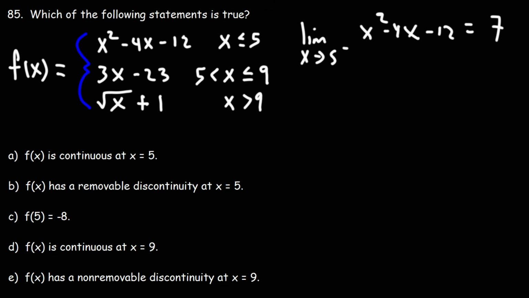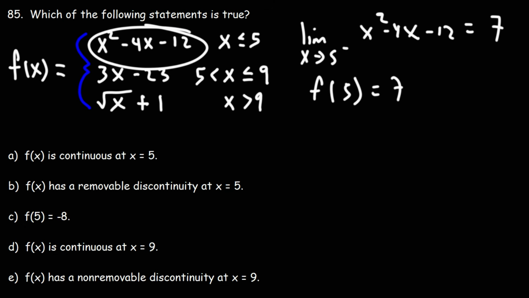Now notice that for this piecewise function, x also equals 5. What that means is that f of 5 will also be 7, because we'll have to plug it into this to get that answer. So f of 5 is defined. Now let's check the limit as x approaches 5 on the right side.